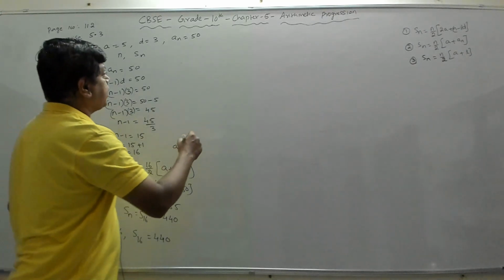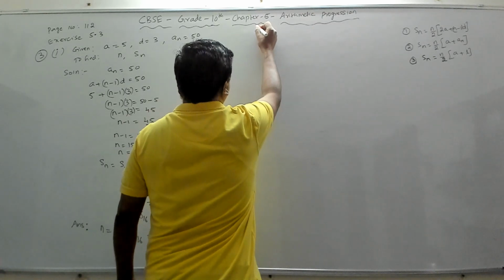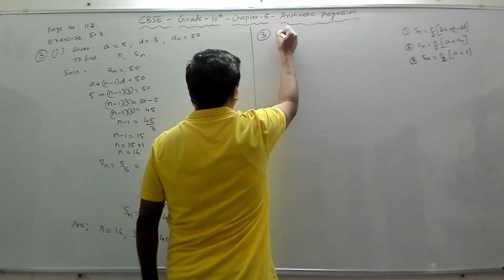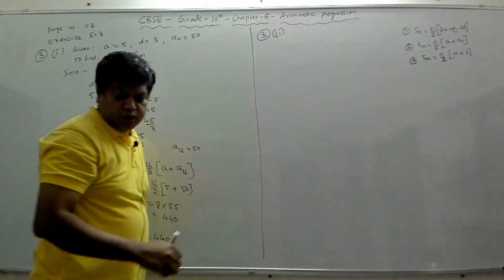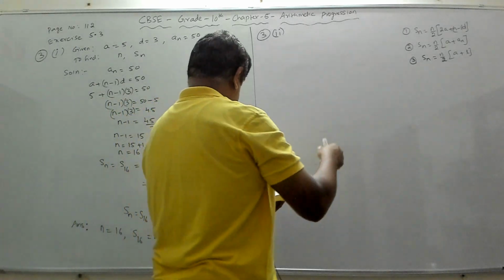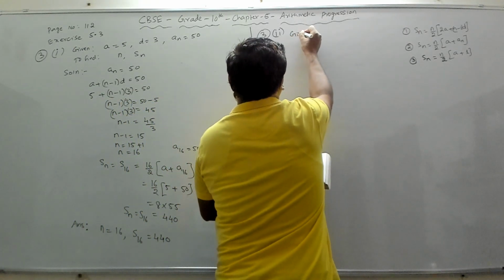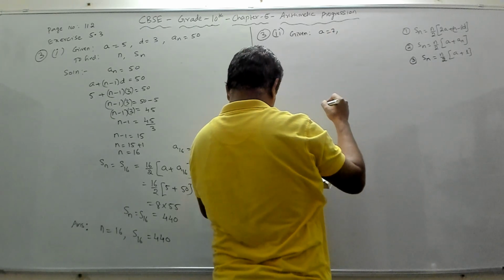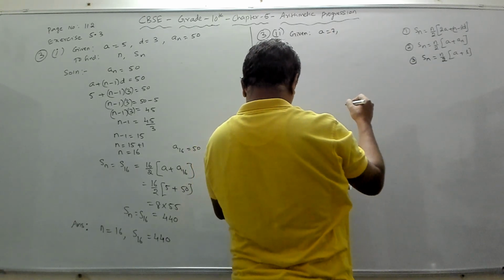Fine. Now let's go to the second one. The second problem, in the second subdivision. Let's see what is given. Given is a equal to 7, which is the first term, and A13 equal to 35.